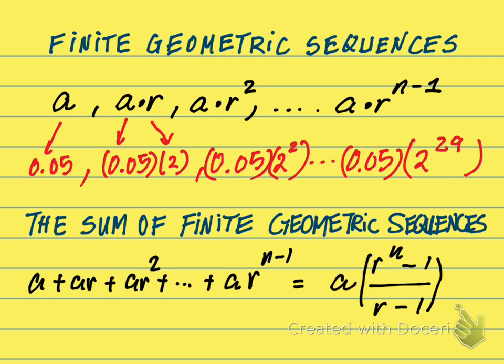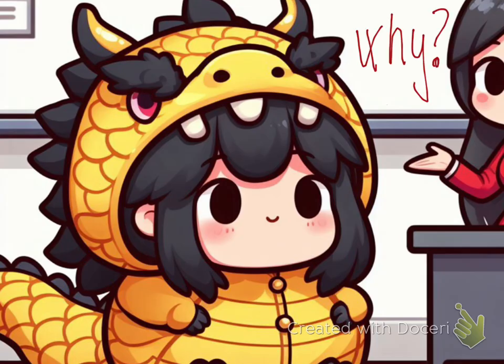Cool, huh? So we can actually figure out the sum of all the terms in a finite geometric sequence using this short closed formula. The question is why? Why can we use that formula to find the sum of the sequence?